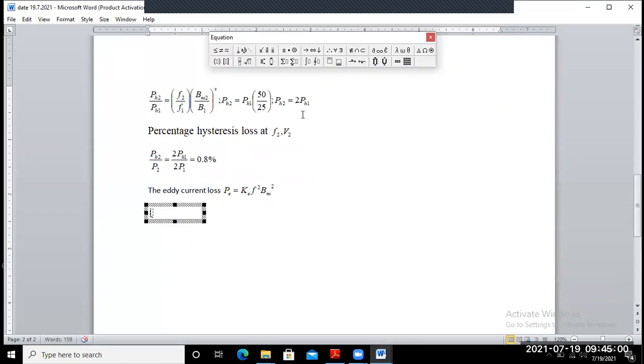So Pe2 divided by Pe1 equal to F2 by F1 whole square into B maximum 2 divided by B maximum 1 whole square.